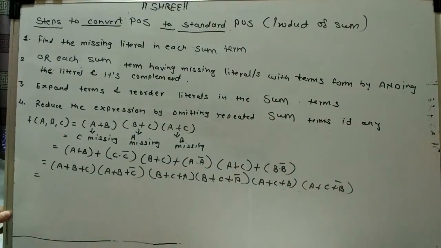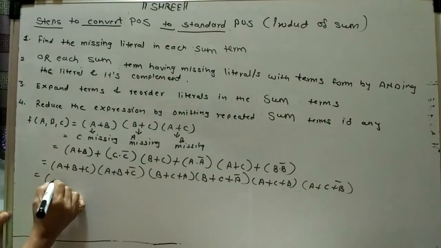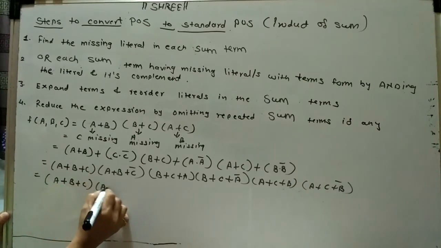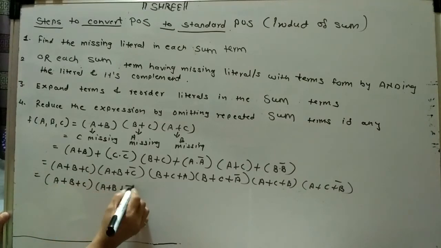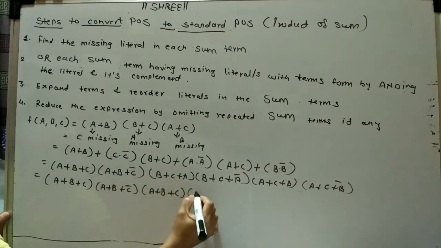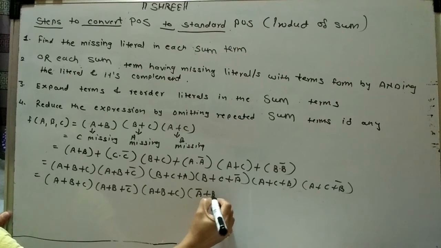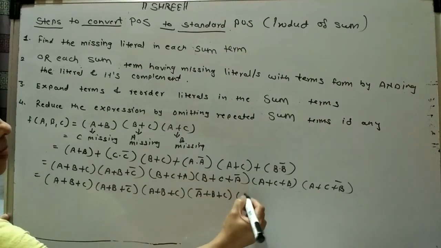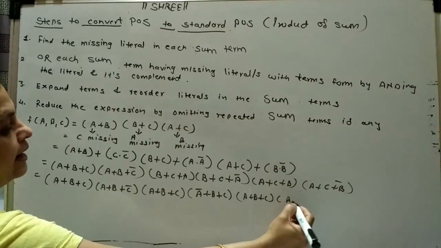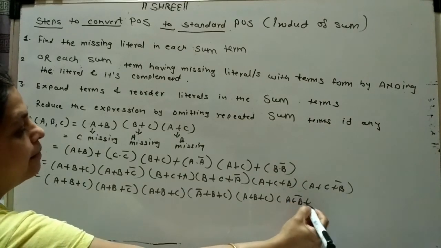Now we'll rearrange it. So A plus B plus C, A plus B plus C bar, A plus B plus C, A bar plus B plus C, A plus B plus C, and A plus B bar plus C.